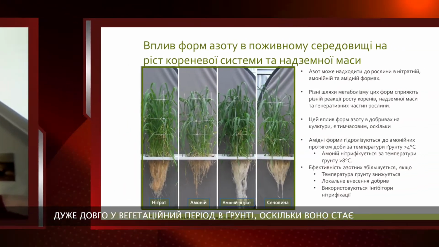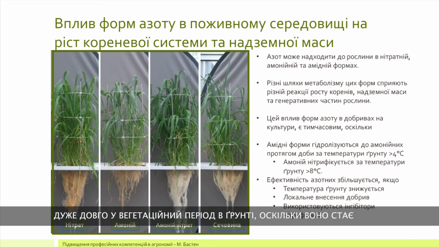If we apply urea, it is hydrolyzed to ammonium within days at soil temperatures higher than 4 degrees centigrade. And ammonium is nitrified in the soil at temperatures higher than 8, and it doesn't last very long in the growing season, because it becomes nitrate very soon.